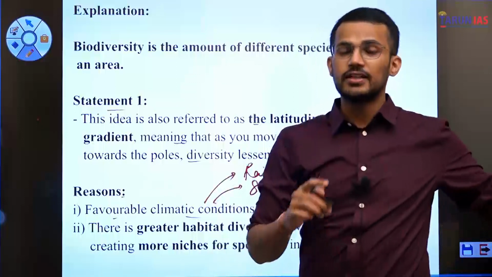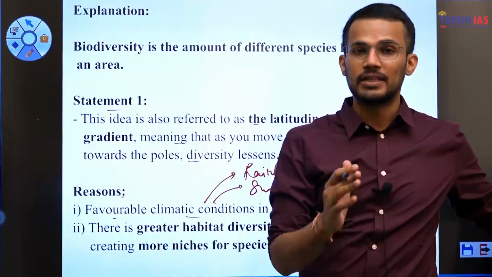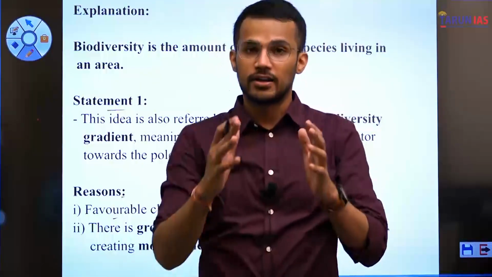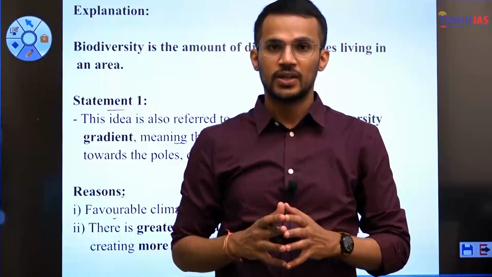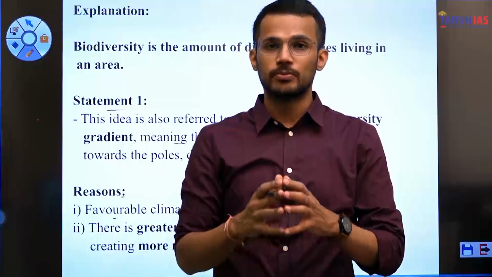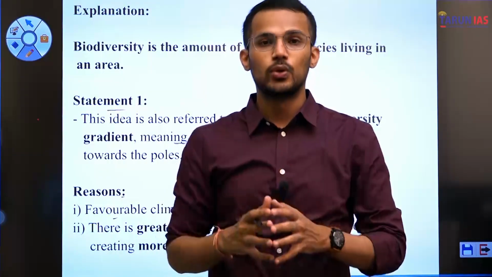Sunlight is also available in the tropical region, as the rays of the sun are direct on the tropical region, and that's why they do not have to cover more distance through the atmosphere, which is the case with the temperate and polar regions.